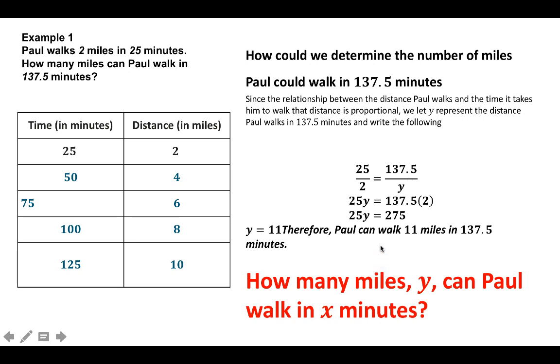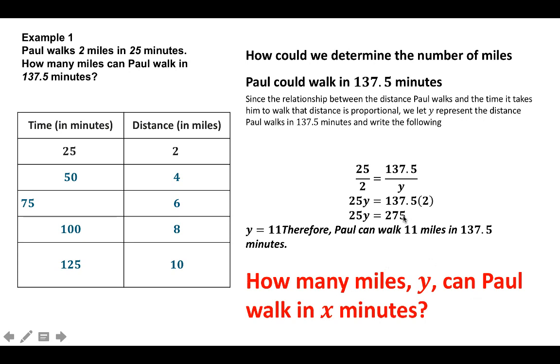Similarly, now if you need to find out how many miles y Paul can walk in x minutes, if the distance is y and time is x, what will be your equation?